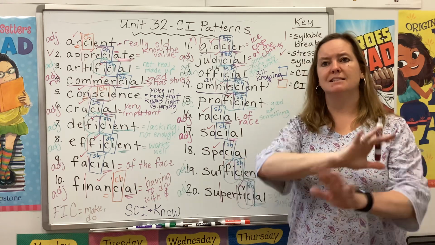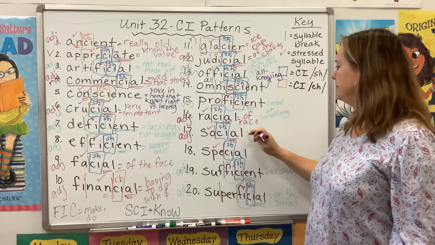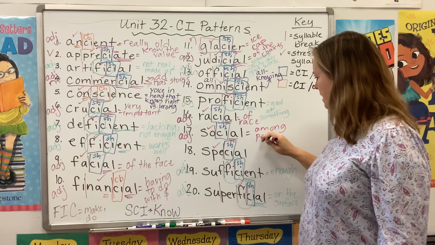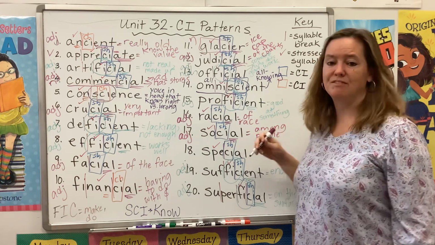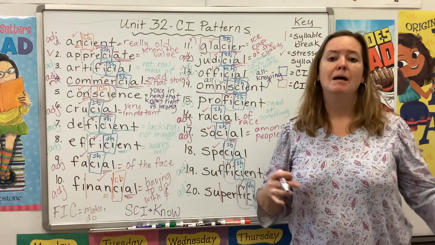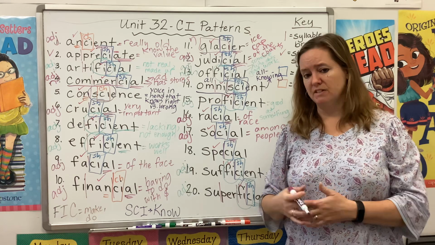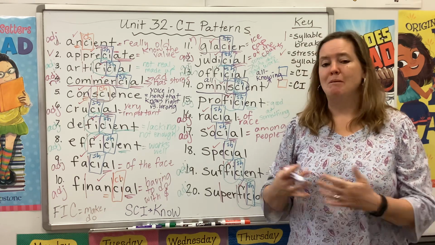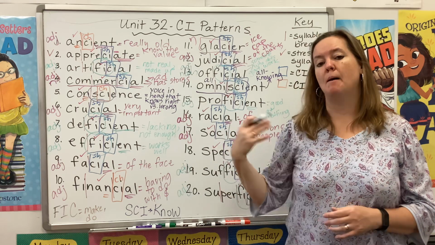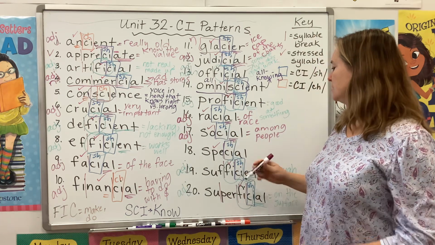Social just means like among people. So maybe you have a really good social life and you hang out with friends all the time. Maybe you don't have much of a social life. Maybe that's okay. Or maybe you want to improve your social life. You want to be among more people.